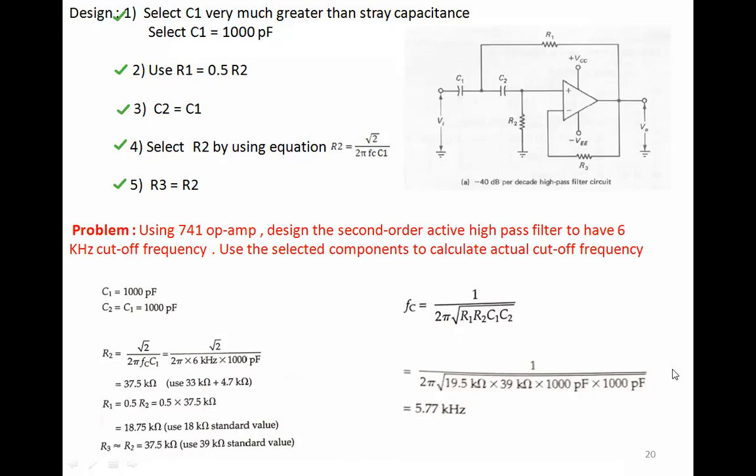Why are we using 39? Because here we are using a standard value for the resistance. And then C1, C2, both are the same. So we are having a reduction here, which is 5.77 instead of 6 kilohertz. So that's about how we design FC.